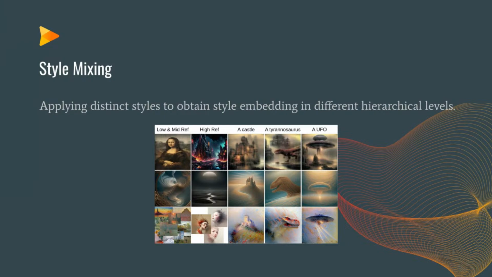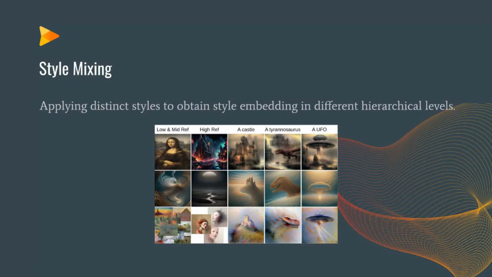Actually, the low and mid levels will provide features about the color, the tone, the brushstroke, and some texture. Like we can see the Mona Lisa's yellowish tone and some vague texture, and maybe in the third row you can see some impressionism tone.